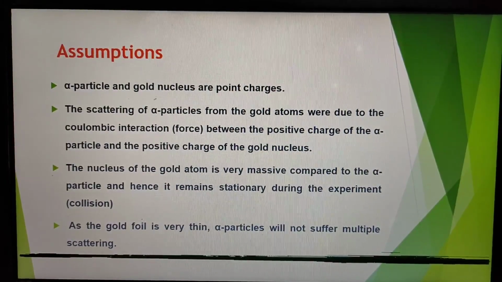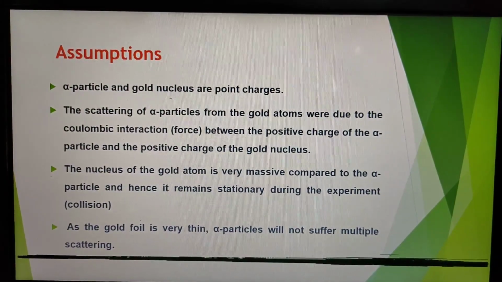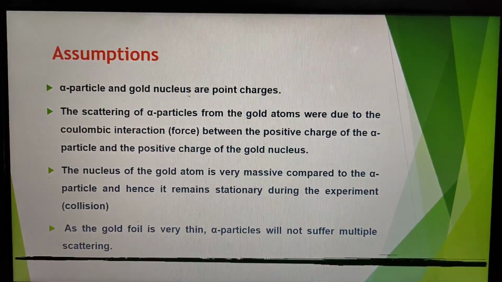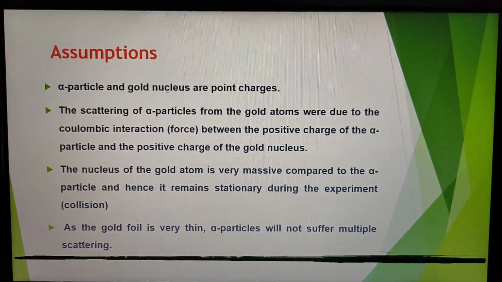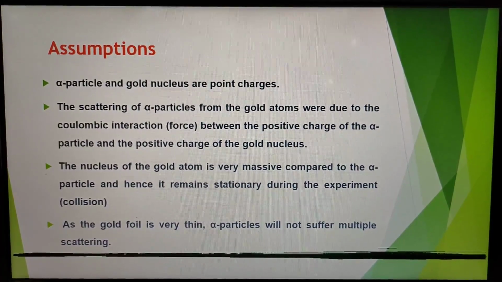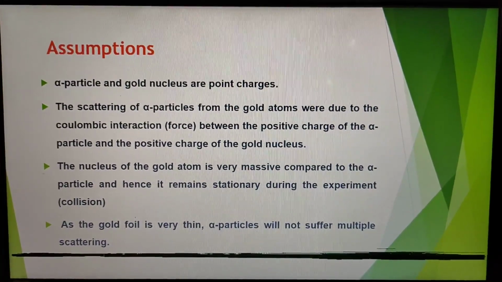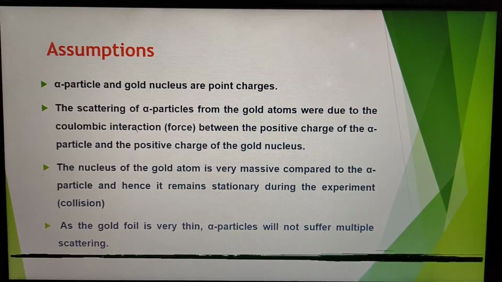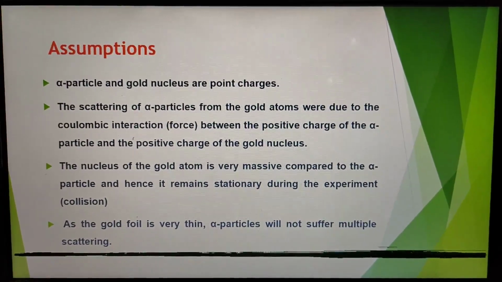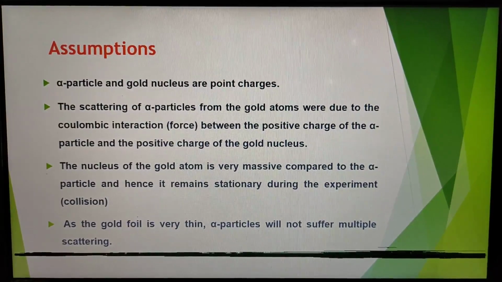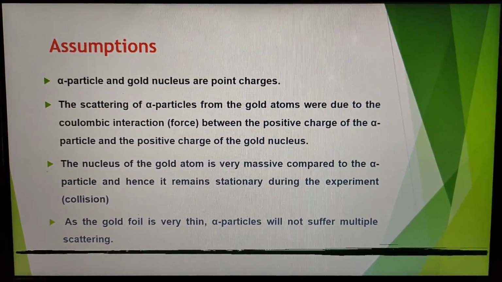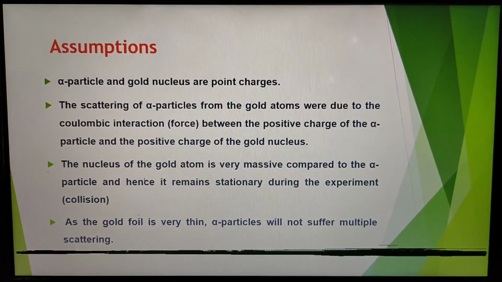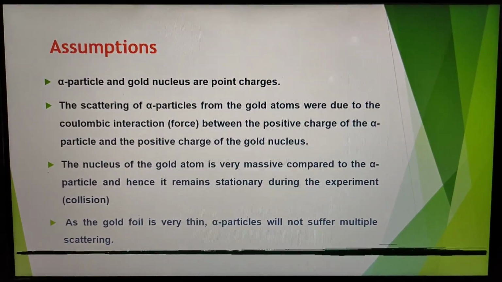If the radius of the charge is very small compared with the distances, then it is known as a point charge. Here the alpha particle and gold nucleus are considered point charges because to calculate the repulsive or attractive force, we are using Coulomb's law of force, and you already studied that we apply Coulomb's law for point charges.